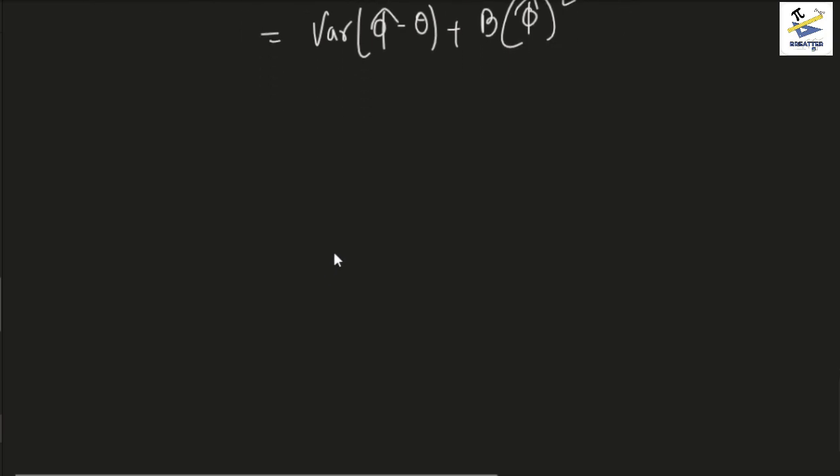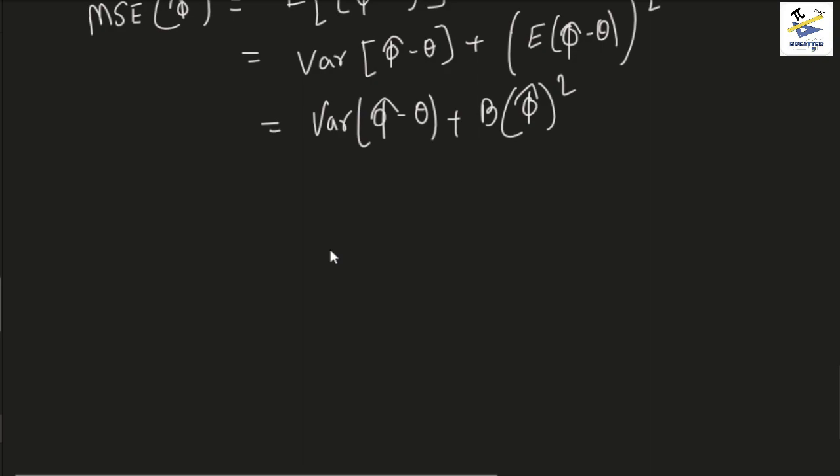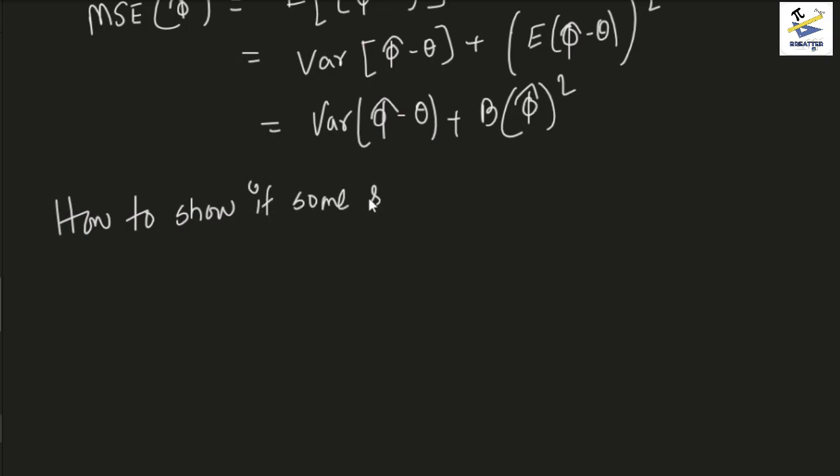Now, here comes an important property: showing something is a consistent estimator. So our topic is how to show if some estimator is consistent, right?